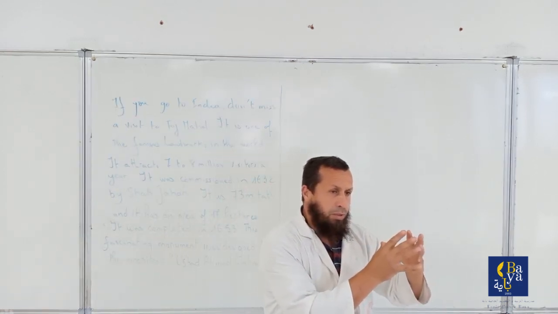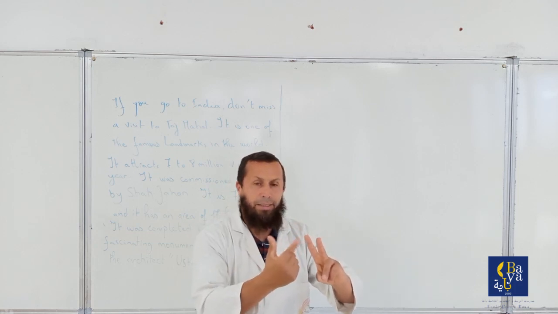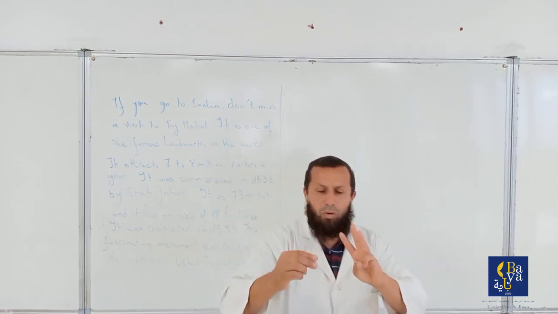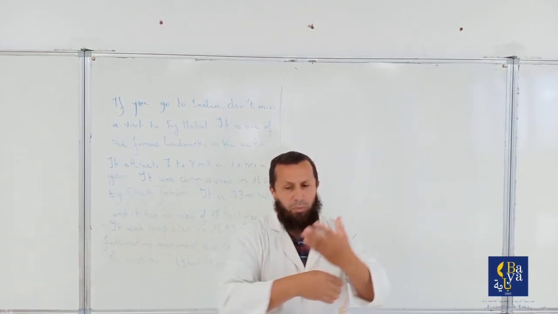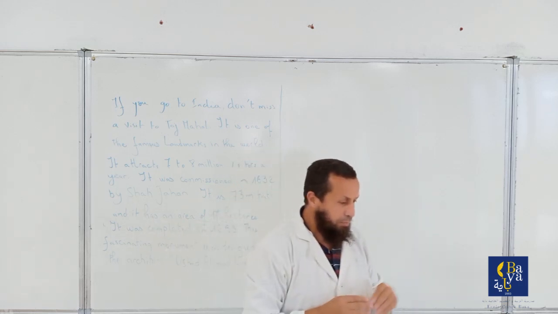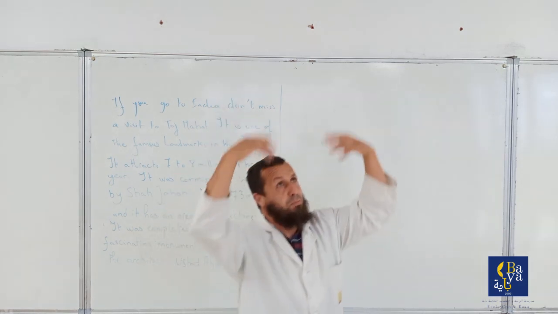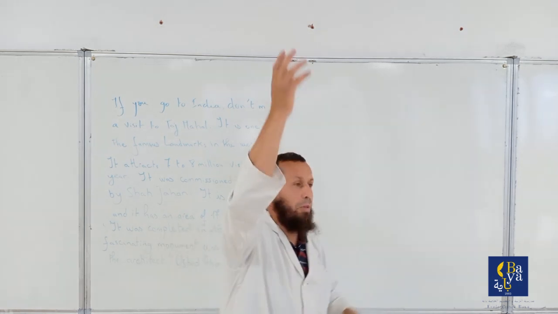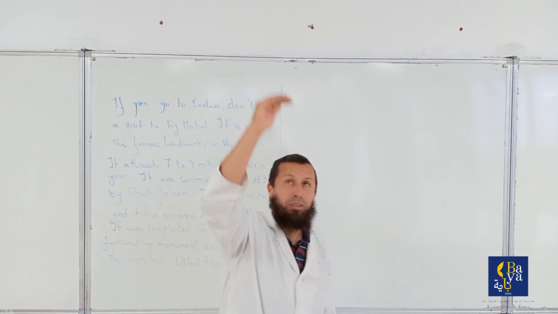Comparative with short adjectives: er plus than, kinder than. With long adjectives: more plus adjective plus than, more famous than, more important than. This is for superiority. It means we are talking about something which is better, something that is on the top.